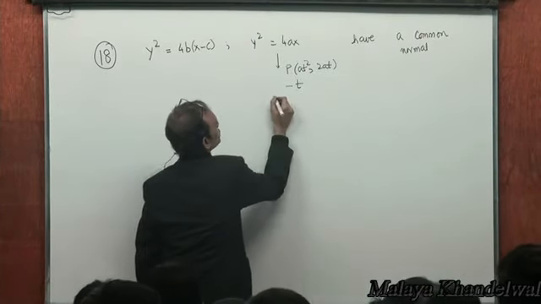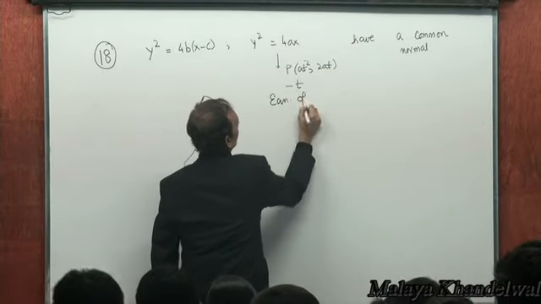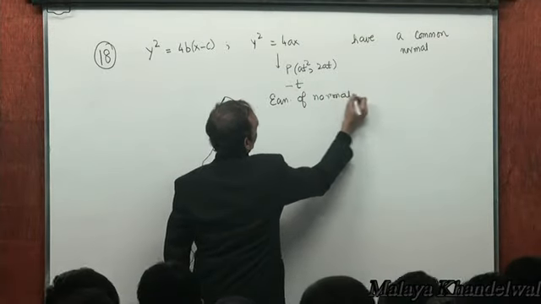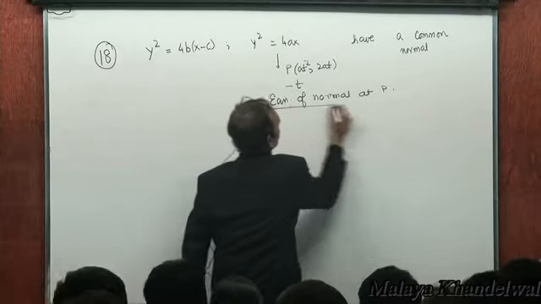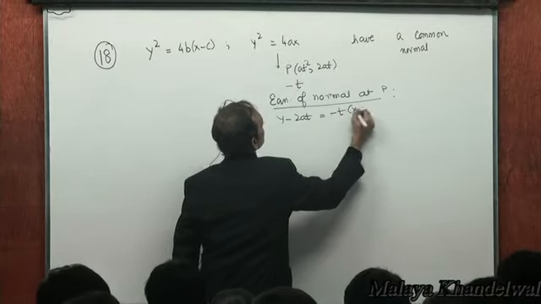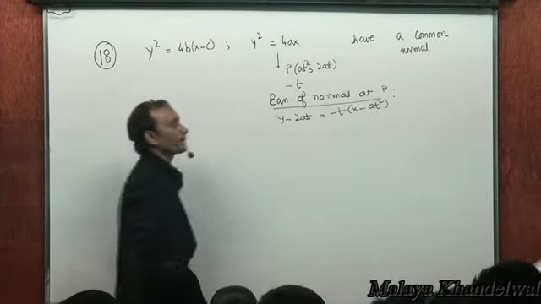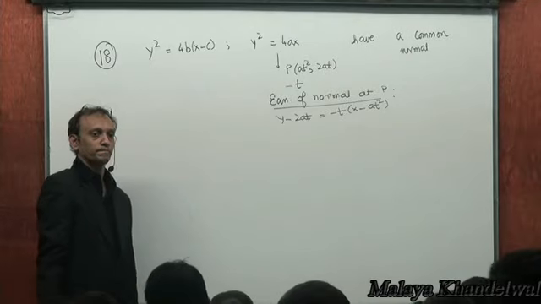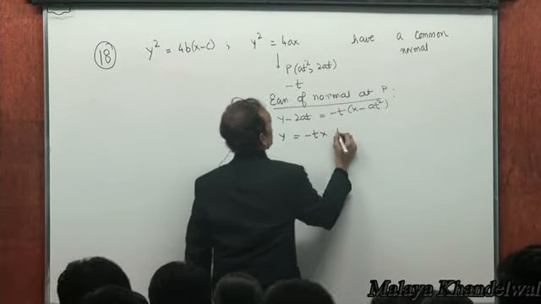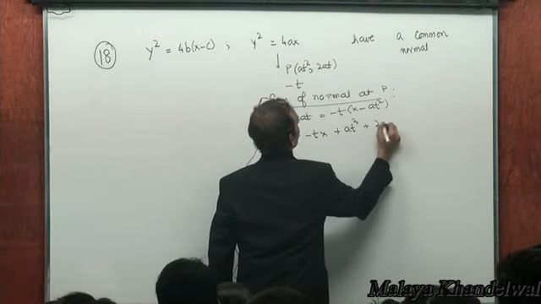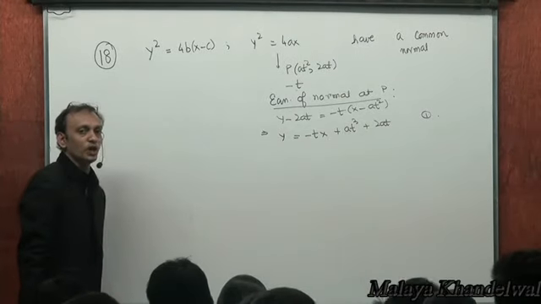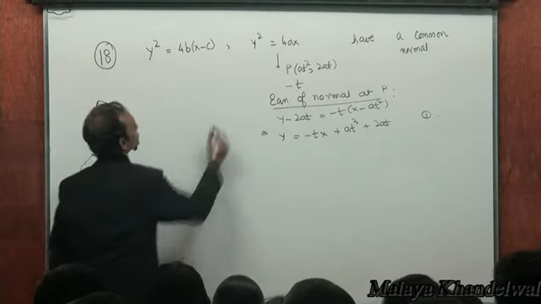Then the equation of the normal at p is y minus 2at equals minus t into x minus at squared. That means y is minus tx plus at cubed plus 2at. That's the equation of the normal at a point p.